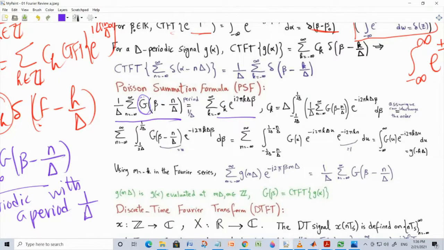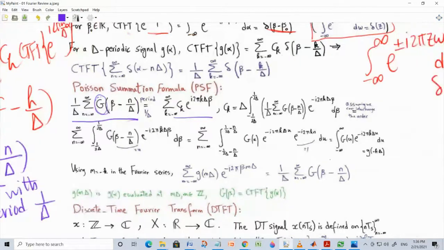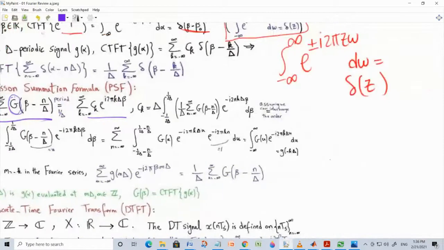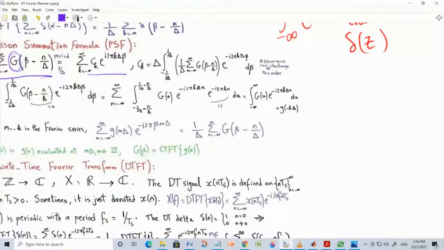So the final result is very important, and it is this one here I will highlight. Let me emphasize this result: 1 over big delta, summation n belongs to Z, G of beta minus n over delta.